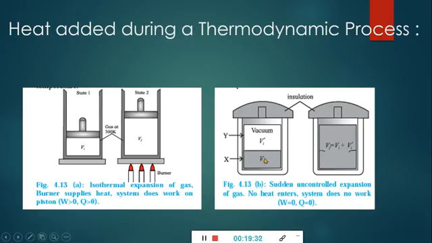The volume of X is Vi and the volume of Y is Vi dash. And what will be the final volume? Vf will be Vi plus Vi dash.